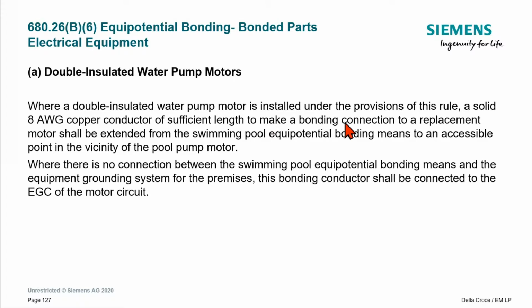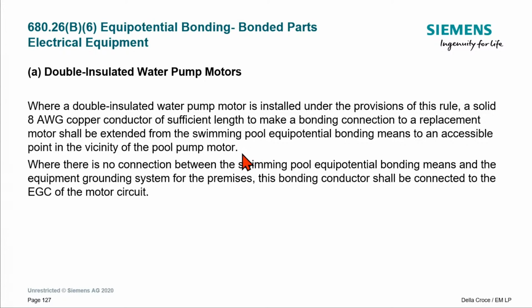So I've got to make sure that I run that 8 over there. It's got to be sufficient length to do so, to connect to a replacement motor, shall be extended from the swimming pool equipotential bonding means to an accessible point in the vicinity of the pool pump motor, probably typically right over next to it, near it.